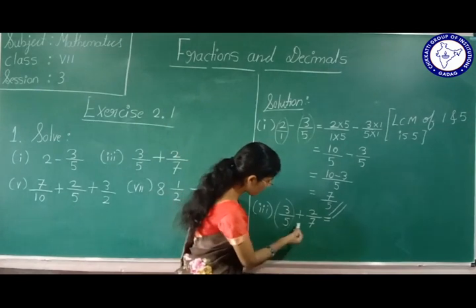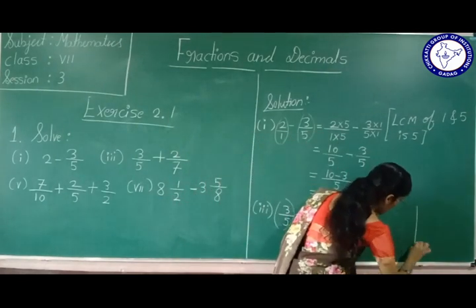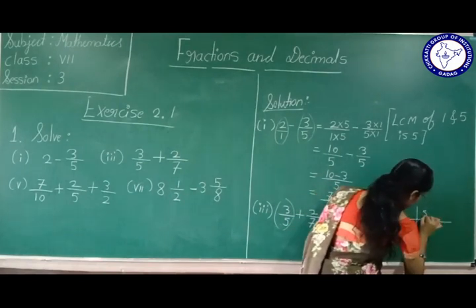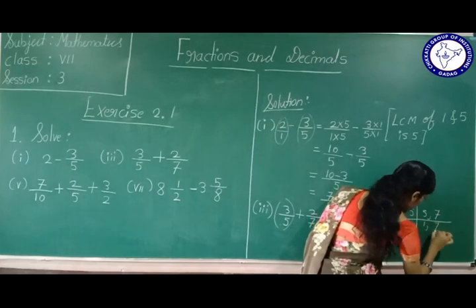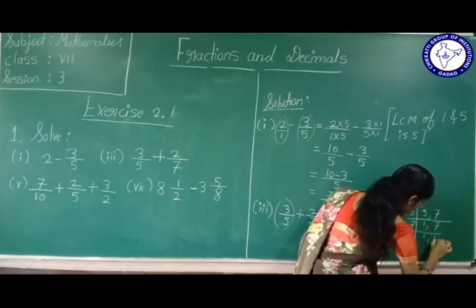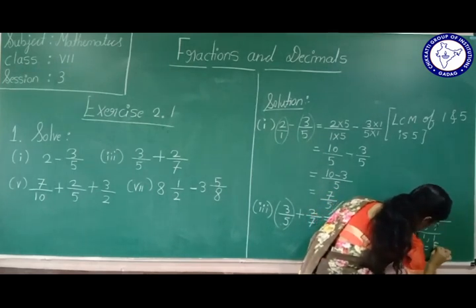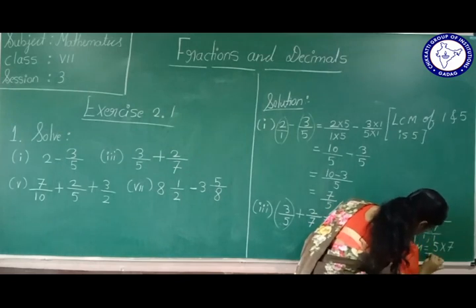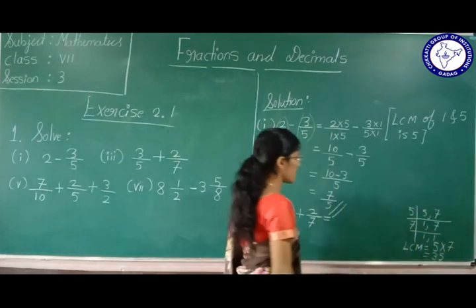Take the LCM of 5 and 7. What is the LCM of 5 and 7? 5 1s are 5, 7 you keep as it is. Here 7 1s are 7. Therefore LCM is equal to 5 into 7, that will be 5 7s are 35.